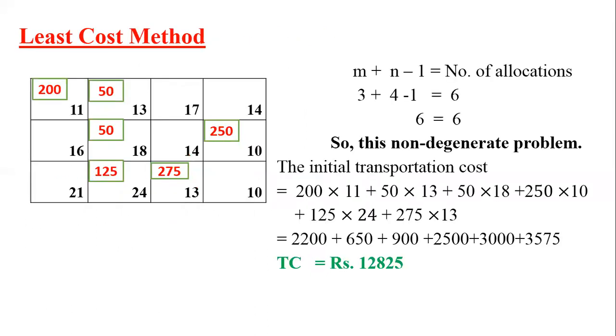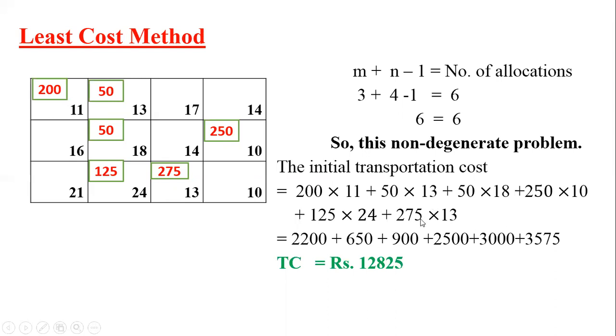In that problem, we have 3 rows and 4 columns. Therefore, 3 plus 4 minus 1 equals the allocations. Just count: 1, 2, 3, 4, 5, 6. So 6 equals 6. So this is a non-degenerate problem.